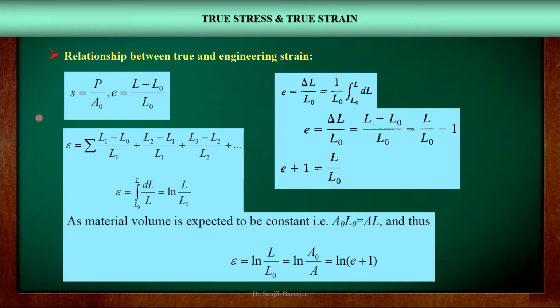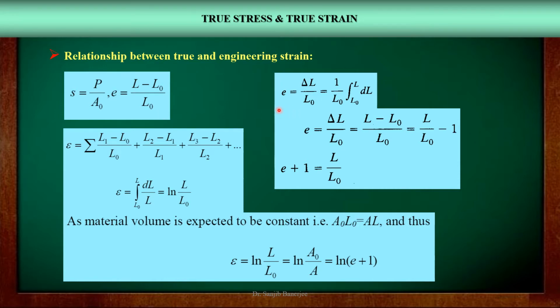We know that engineering stress, which is denoted by S, is equal to load P by the initial cross-sectional area, which is A0, and the engineering strain is equal to the change in length by the initial length or the original length, which is L0.